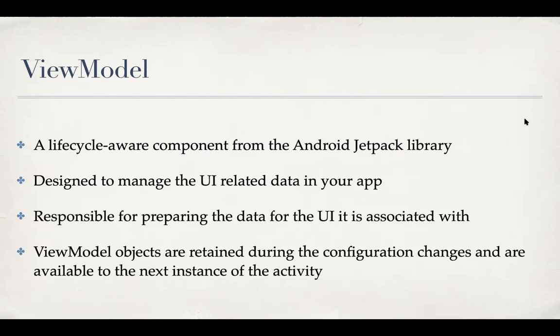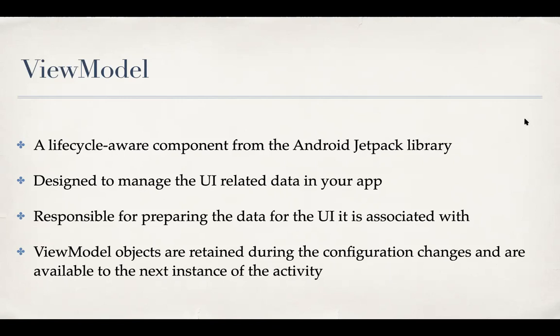So the view model, as the name suggests, is tightly connected conceptually, as well as actually in code, with the UI. So you can quickly move around or get data, passing data to and fro between the view and the model here.